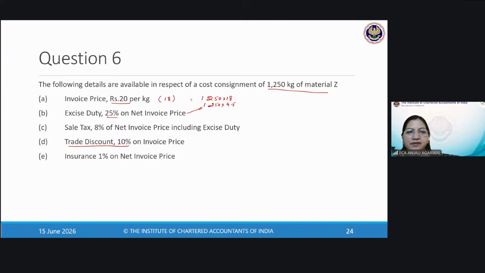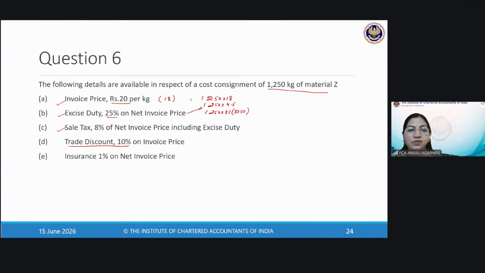Another sales tax 8% of net invoice price, including excise duty. So you will have sales tax at 8% of 22.50. So in pricing of receipts, we take the raw material cost, add to it any duties or taxes which are paid, but subtract, do not include trade discounts.